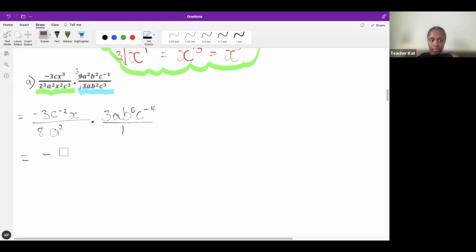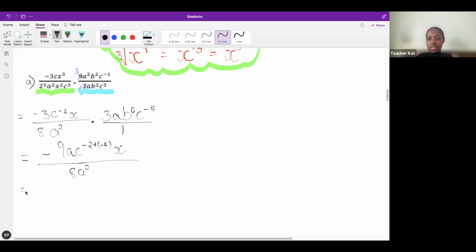What's b to the power of 0 going to give us? 1. So this is times 1. I'm not going to write it down. And then c, if we're multiplying, what are we going to do with these exponents? We're going to add them. So it's going to be c to the power of -2 plus -4. And then we have an x. And then in my denominator, I just have 8a squared times 1, which is going to give us 8a squared.